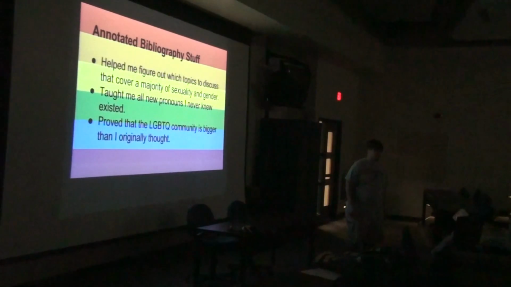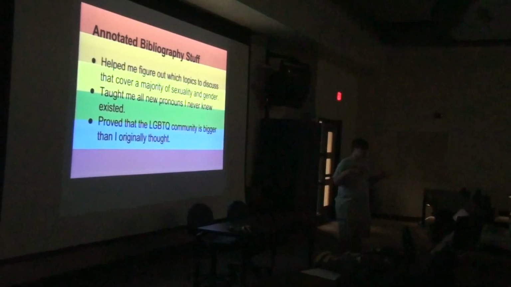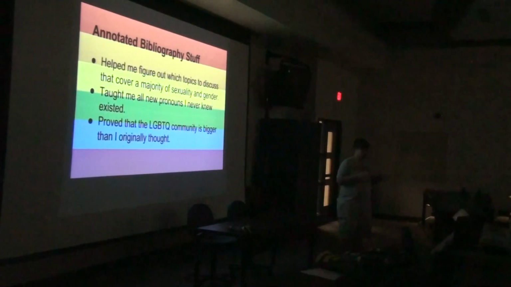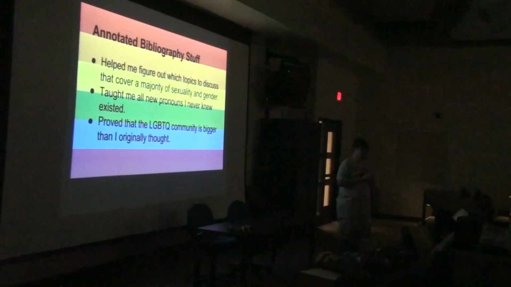What I learned from the annotated bibliography stuff was I read a whole bunch of websites, and it helped me narrow down what I wanted to talk about because I wanted to explain a wide range of terms, not just the LGBTQ. What I actually explained was the LGBTQQIIAA, which is the lesbian, gay, bisexual, pansexual, transsexual, transgender, queer, questioning, intergender, intersex, ally, and agender.